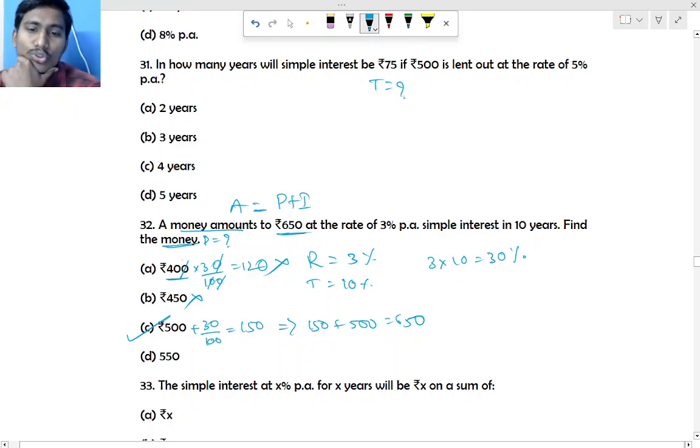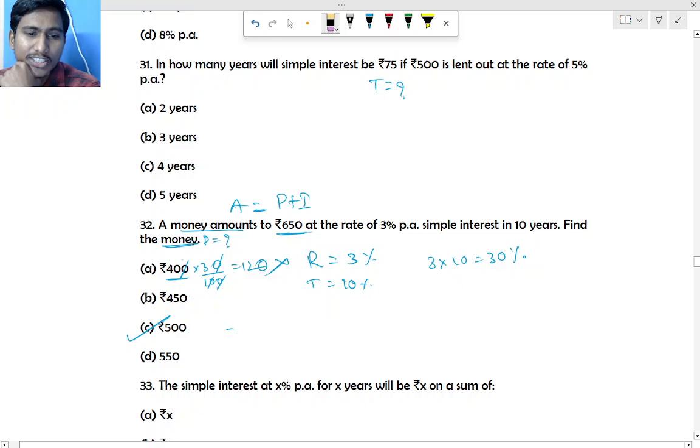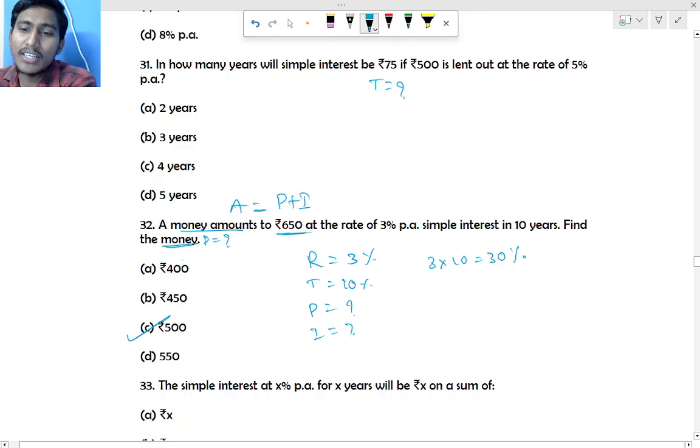So how to do it in the explanation? So let us do it in the explanation. Here rate of interest is given, time is given, principal we have to find and interest we have to find. So we know amount is how much? How do we find amount? Yes, principal plus interest. Okay na?